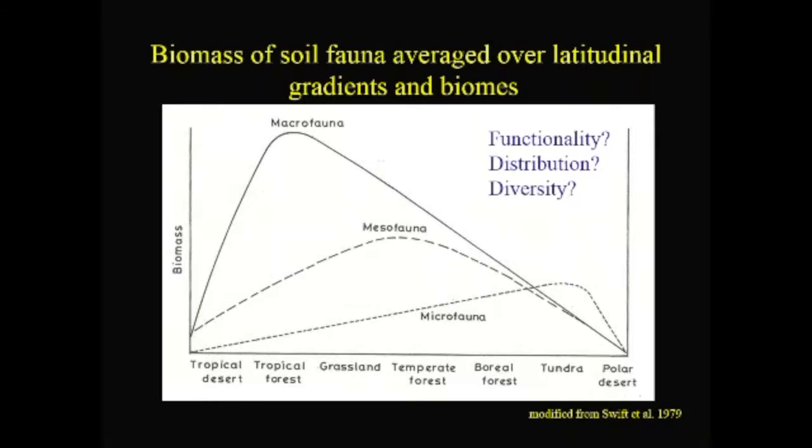The fauna are usually divided in terms of body width or length, depending on the author, but the guideline here is 2 millimeters in body width: more than 2 millimeters for the macrofauna, or less, then we get into the mesofauna and the microfauna. The microfauna are more abundant in temperate and tundra polar desert systems.